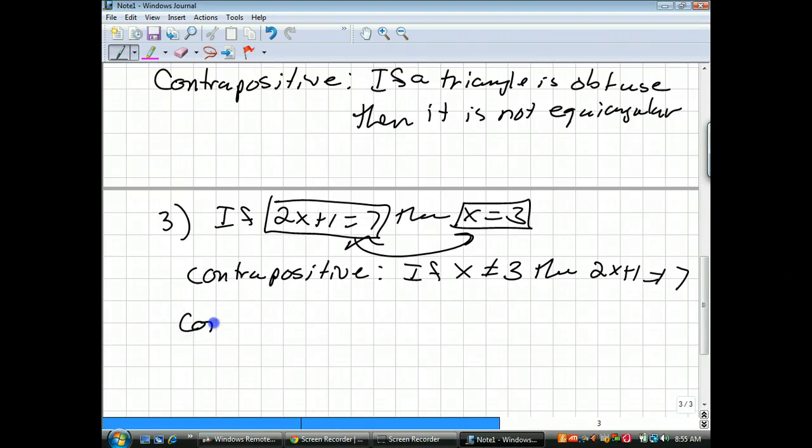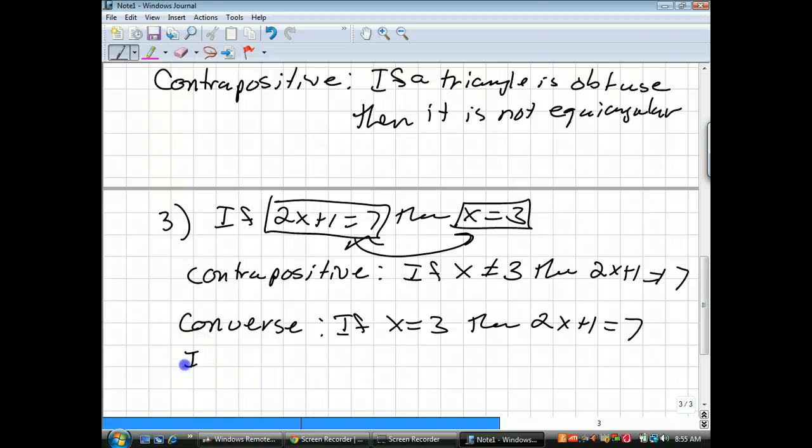The converse, remember the converse comes by just switching the hypothesis and the conclusion. So if x equals 3, then 2x plus 1 equals 7. Okay? And then I would like to write the inverse.